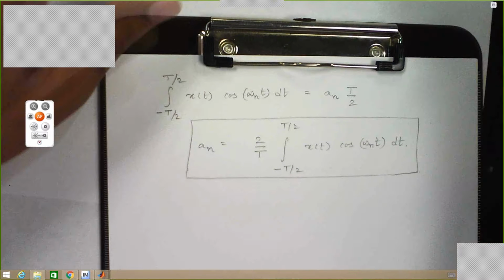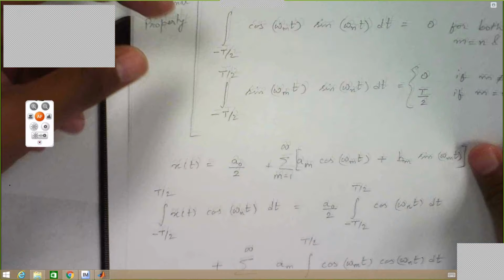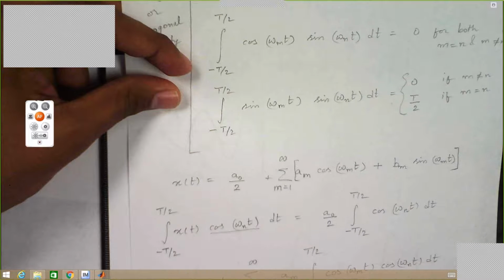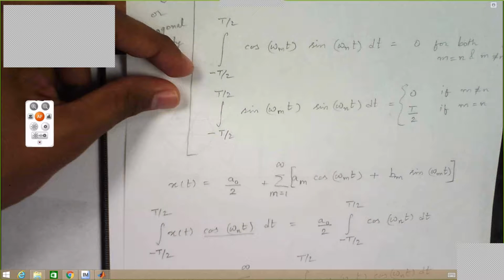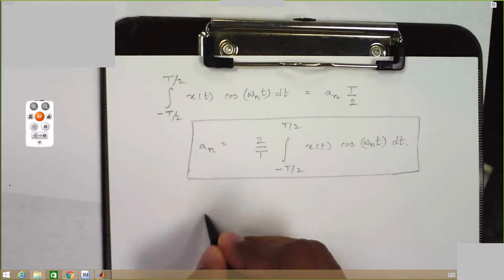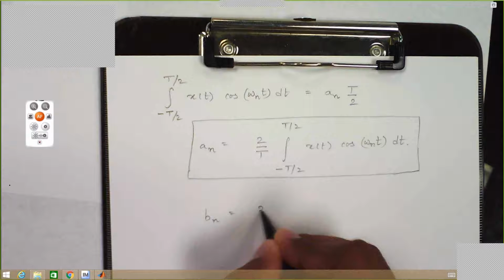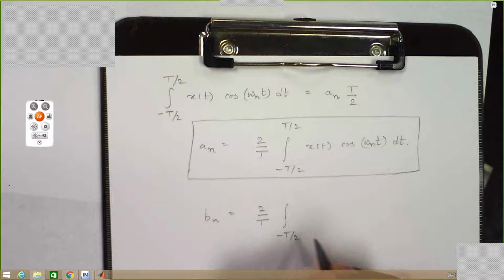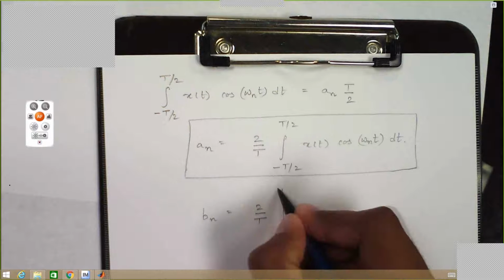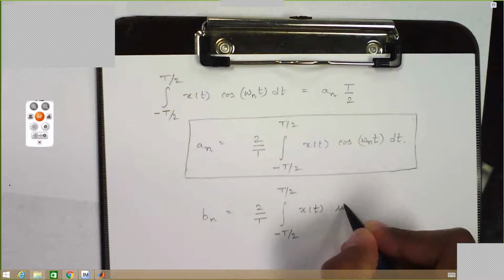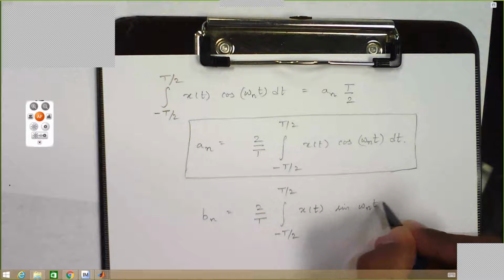So in this expression, we began by multiplying our x of t signal with cosine of omega nt. Instead, if we multiply it by sine of omega nt, we will end up with an exactly similar relation for bn, which is given by 2 over T integral minus T by 2 to T by 2 x of t into sine of omega nt.